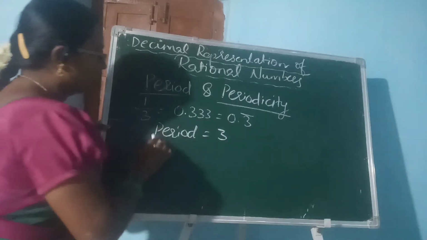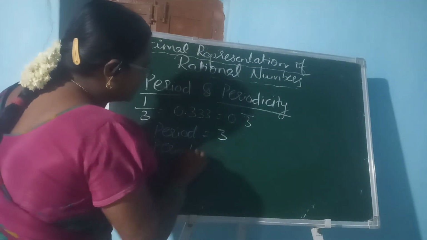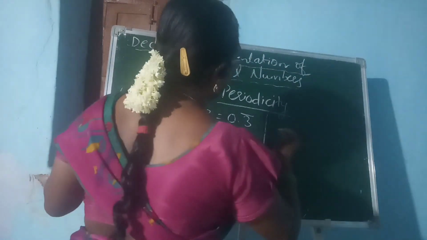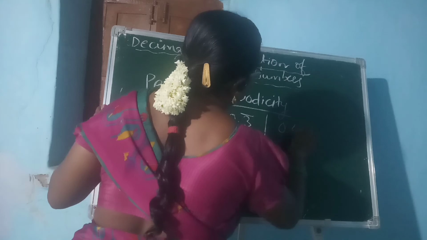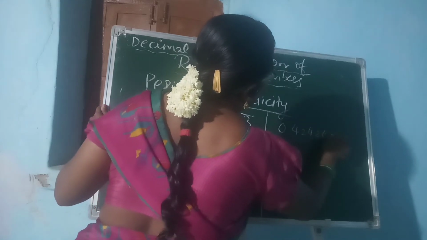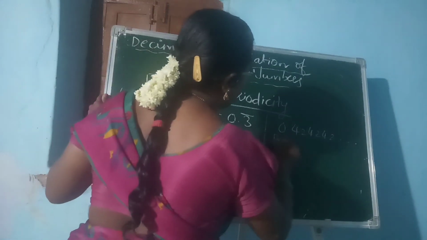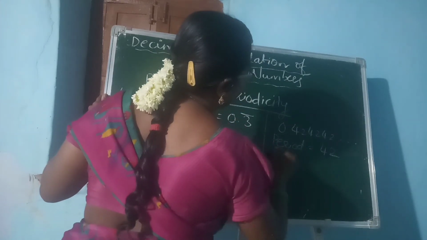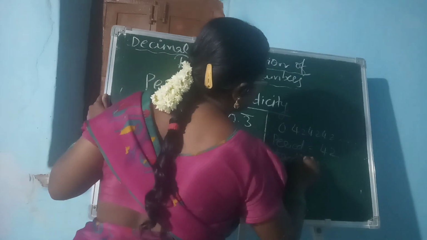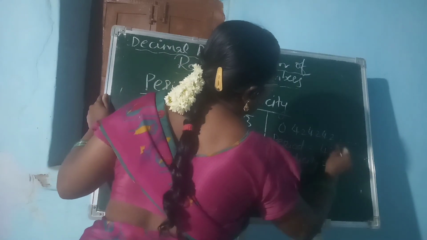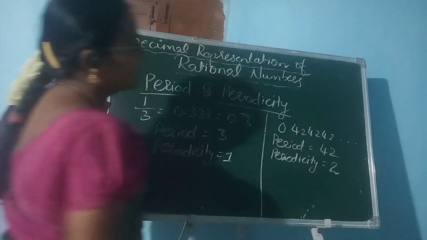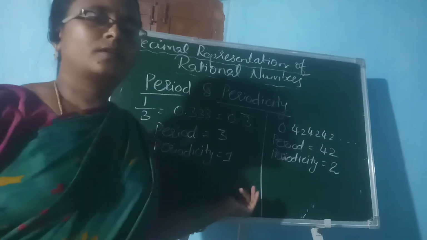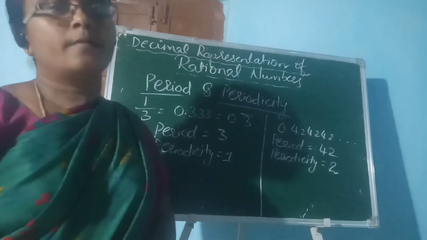That's why the periodicity is 1. If I take one more example, 0.42, 42, 42, and so on, here the period is 42, and the periodicity is 2. The number of digits that are getting repeated is called the periodicity. So students, I think you understood this period and periodicity.